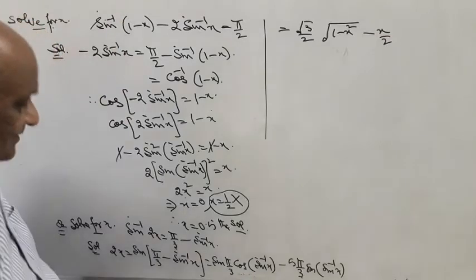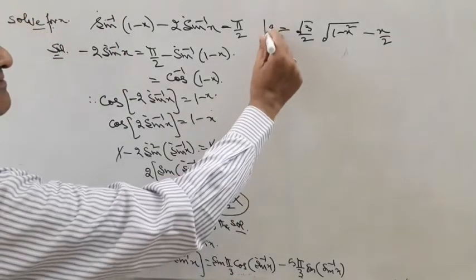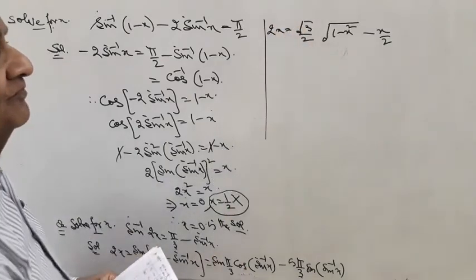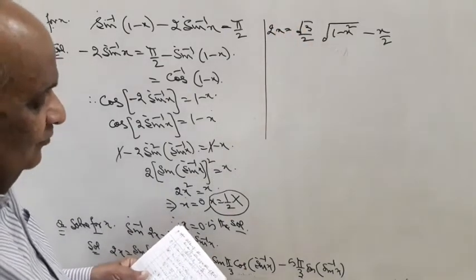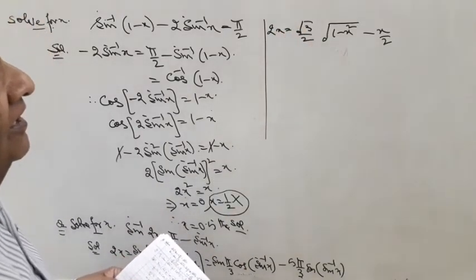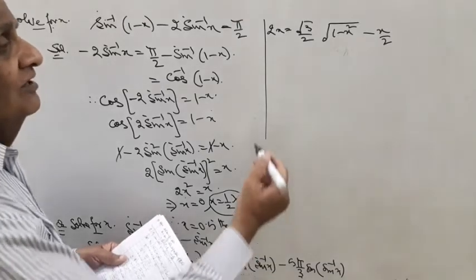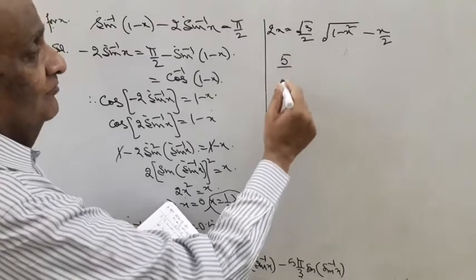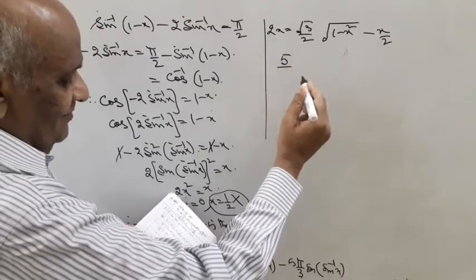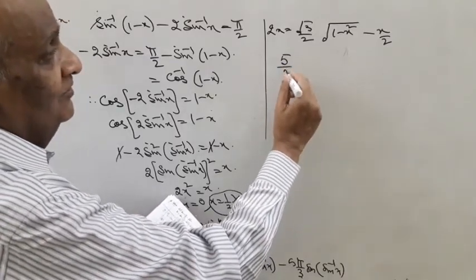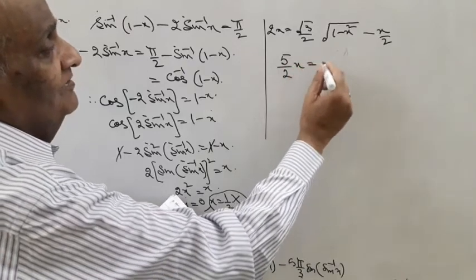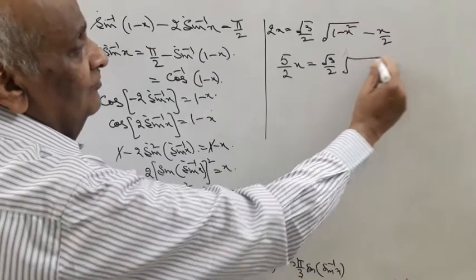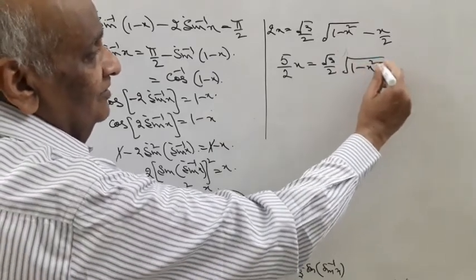That is 2x is equal to under root of 3 by 2 under root 1 minus x square, minus x by 2. Therefore, when you simplify, 5 by 2 x is equal to under root of 3 by 2 into under root of 1 minus x square.